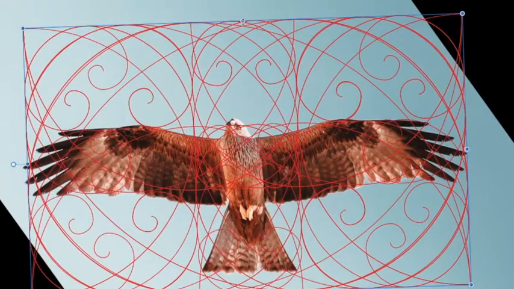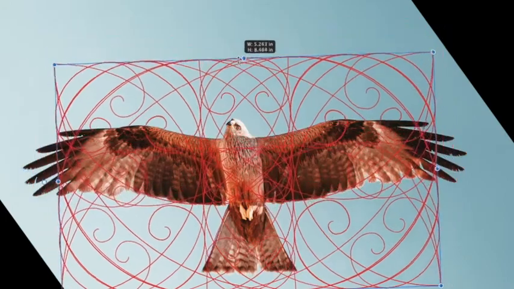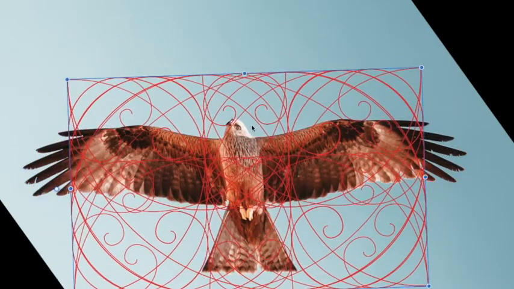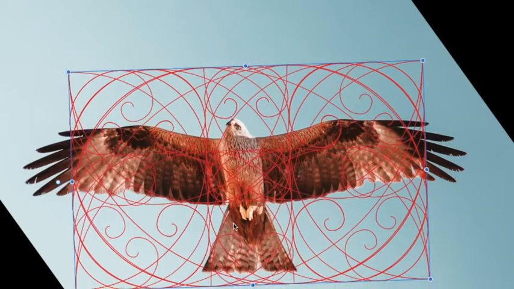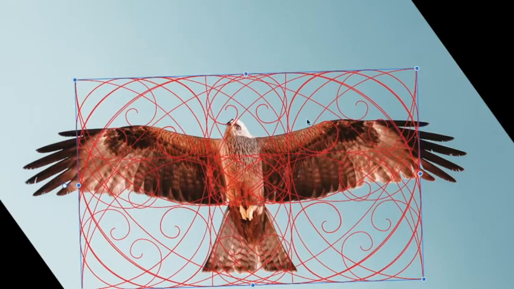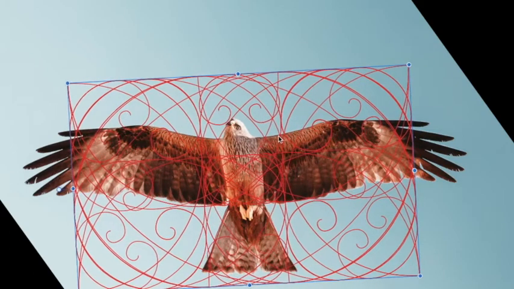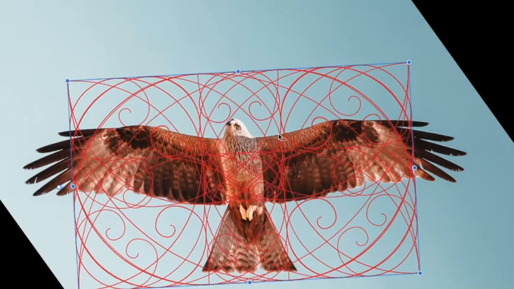Actually, maybe it wants to be a little smaller. Is there a natural spot that it wants to be here? I am thinking that it kind of wants the tail to be there and it wants the head to be there. Since the head isn't straight, that's a little hard to say. We gotta guess a little bit. But if we did guess a little bit, it's going to be something like that.